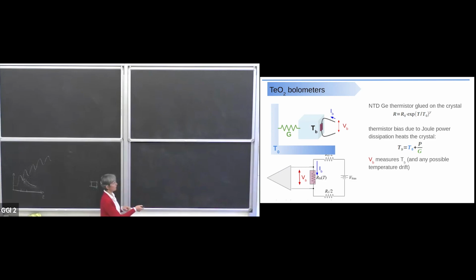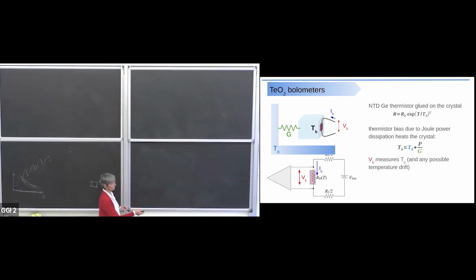As I told you, we have a crystal, a tellurium dioxide crystal. We glue on the crystal a thermistor. This thermistor has this behavior: its resistance changes with the temperature. And then I put some bias on this thermistor. Indeed, what I do is to use a biasing circuit that injects a constant current into the thermistor.